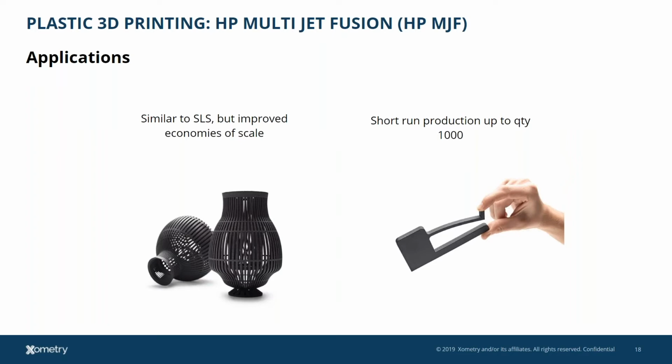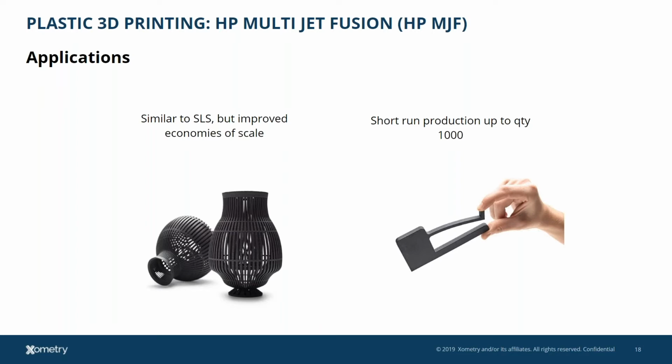The other thing to talk about is HP multi-jet fusion. This builds with a very similar material. In fact, it's almost the identical material, nylon 12, that SLS does, but it fuses in a different way. It actually inks across the cross section of the parts. It has an edging compound to hold the heat in, and a heat bar will go across and essentially where it's inked, it'll generate enough heat to sinter those materials.